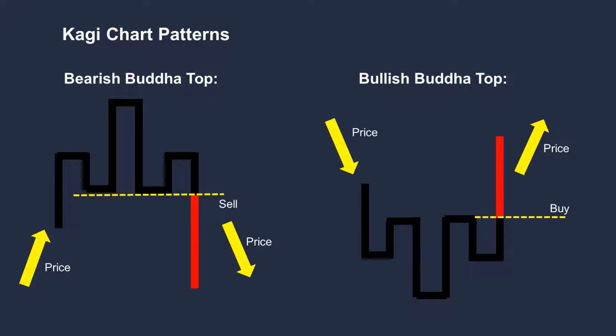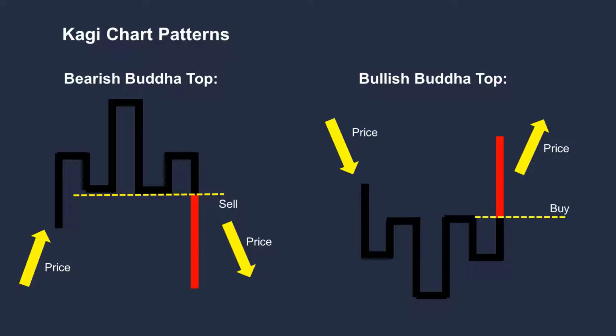And on the right hand side, the Buddha bottom, what does that mean? Well, the price has been trending downwards. It creates a base at the bottom. Again, we've got these two shoulders on the left and right and the head in the middle, and then it breaks back up through the waistline there and it creates a buy, and the price continues on upwards.